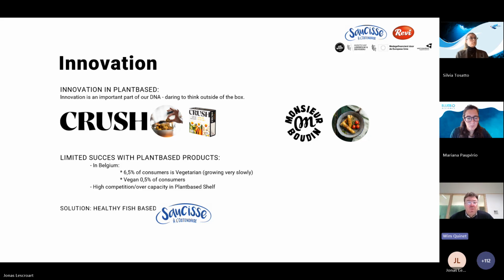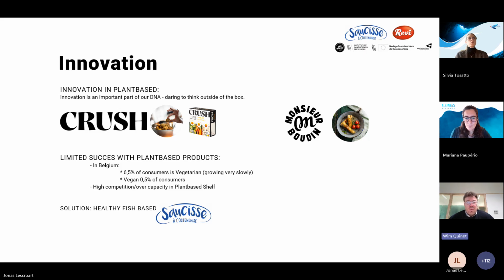But what we saw is that with the plant-based product lines, we had quite limited success. To give you some figures, in Belgium, only 6.5% of consumers are vegetarian and less than 1.5% of consumers are vegan. And we really saw that it was very difficult to launch these products and to get the flexitarian or standard consumers to pick them up.